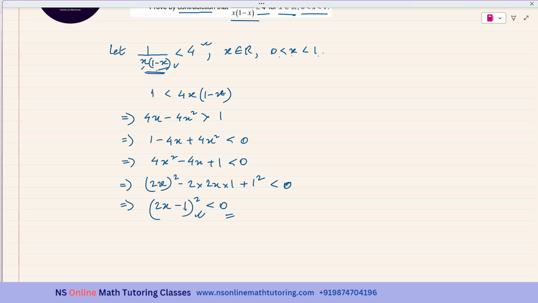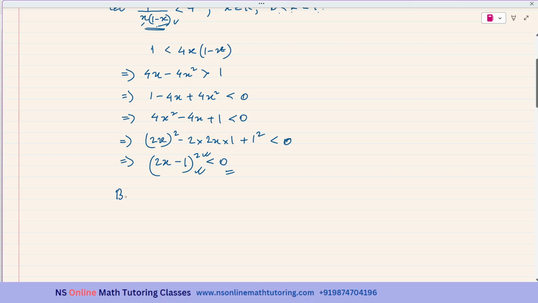If x is 3/4, 2 times 3/4 is 6/4, that is 3/2, and 3/2 minus 1 is positive half. So 2x minus 1 can be negative or positive. But 2x minus 1 whole squared can only be positive or equal to 0. It can never be less than 0. So there is a contradiction.